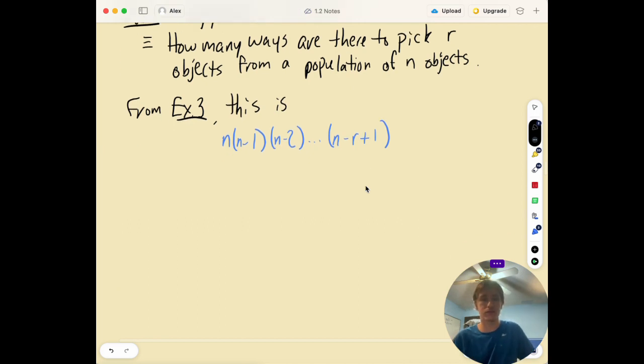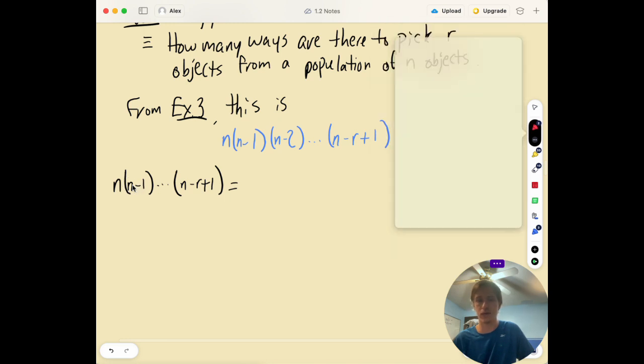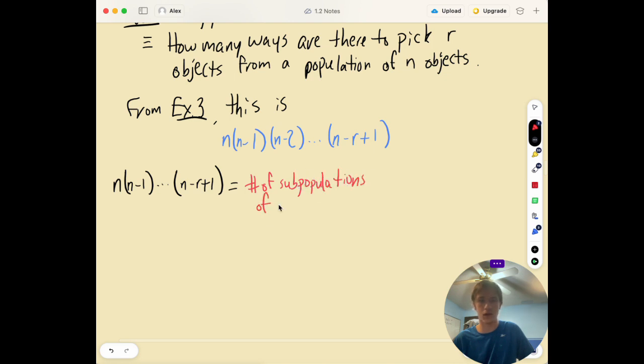Okay? So what we have is that this product over here is actually equivalent to two terms. The first one being the number of subpopulations of size r.